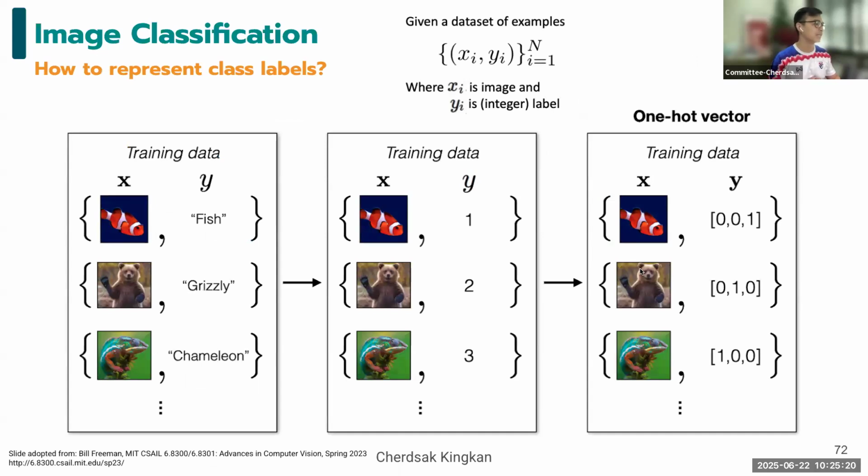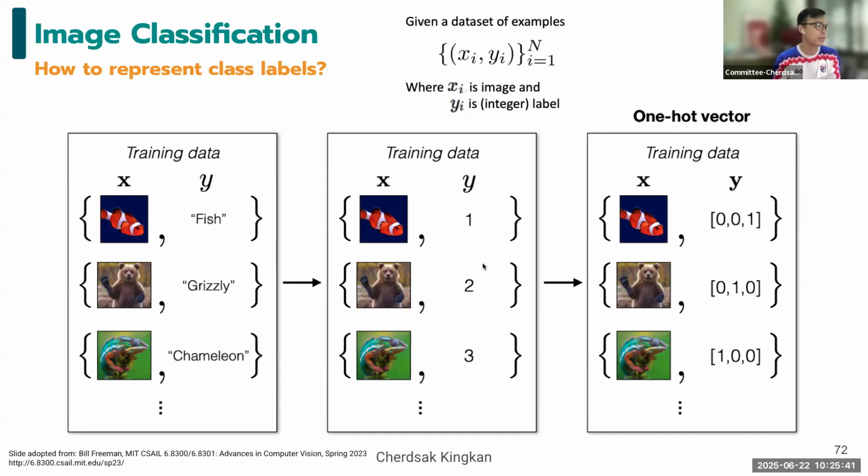So how do we represent a class label? As I mentioned, X is obviously the image. A class label, you can label it as characters, like fish, grizzly, something like that.